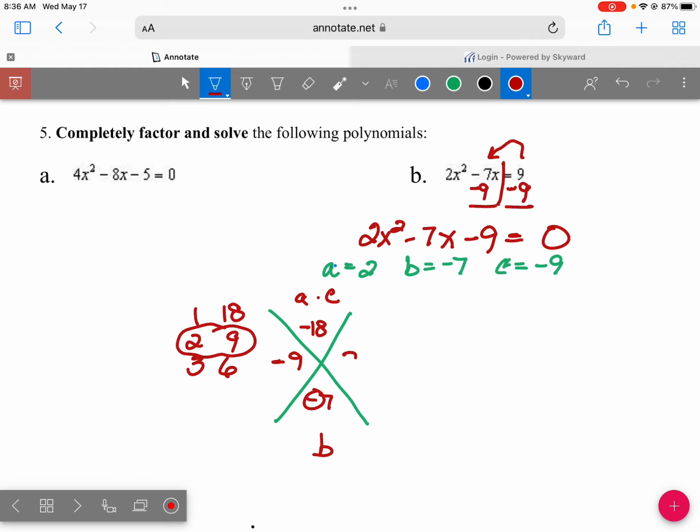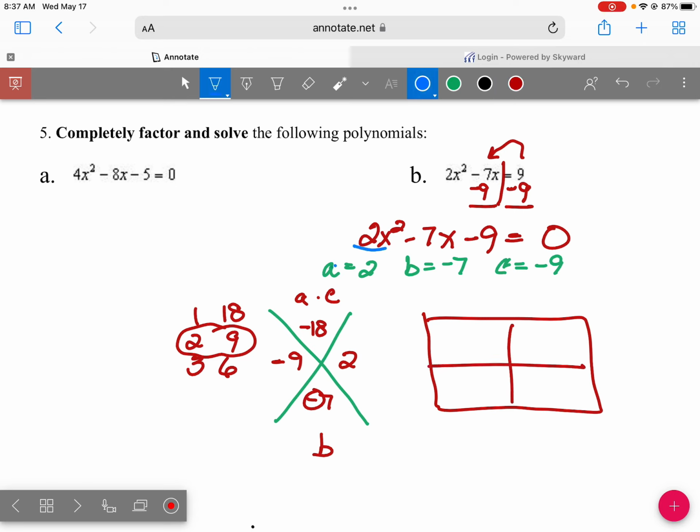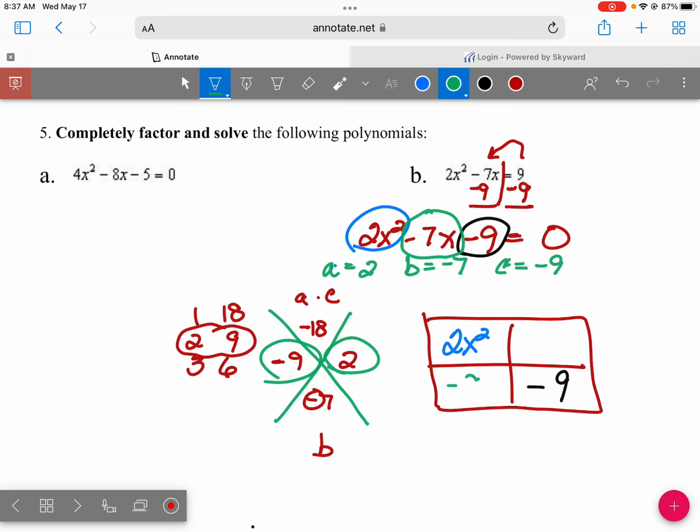So that's negative 9 and positive 2. So now we go to the box. My first term goes in the first box. My last term, make sure you get the sign, goes in the last box. And the middle 2 over here add together to give me the middle, so I have to add an x to it. So it's negative 9x and 2x.